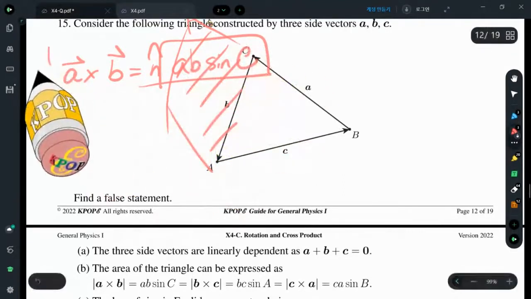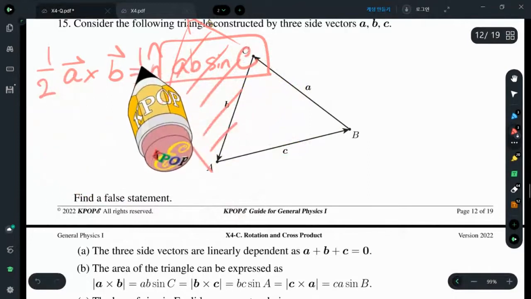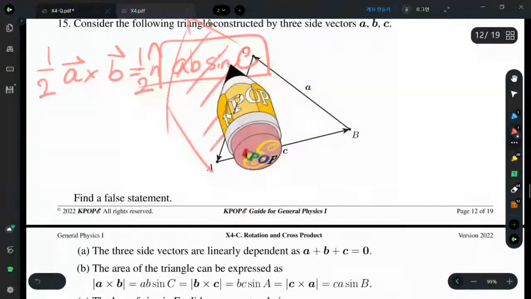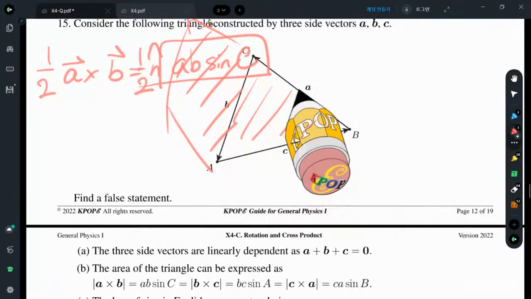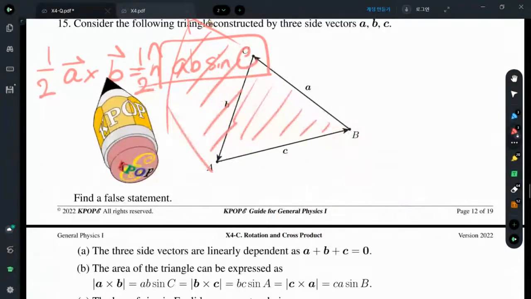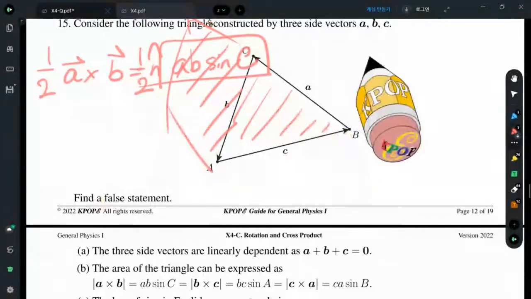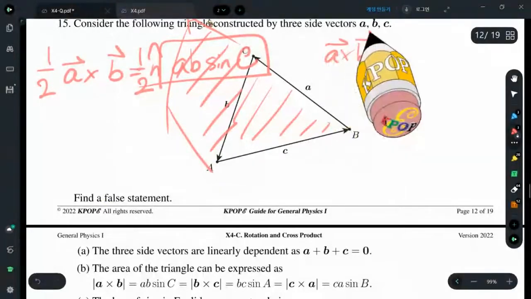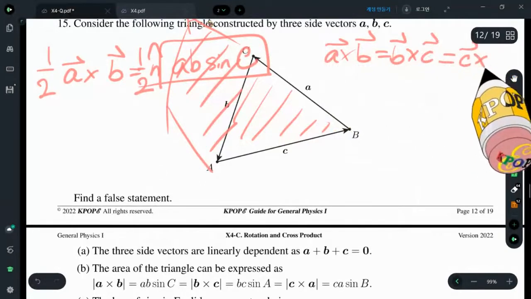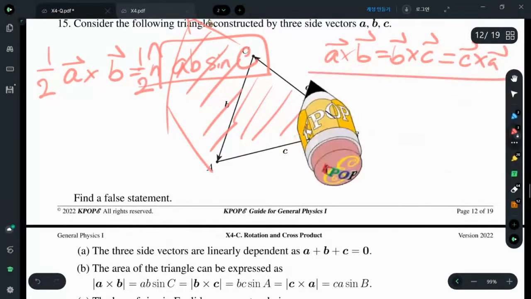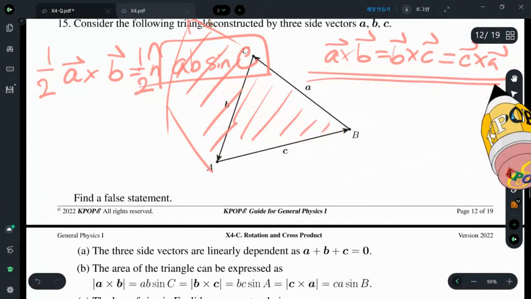And if I multiply by one half, then it becomes the area of this triangle. The orientation is chosen correctly so that A cross B, B cross C, C cross A are all the same in magnitude as well as direction.